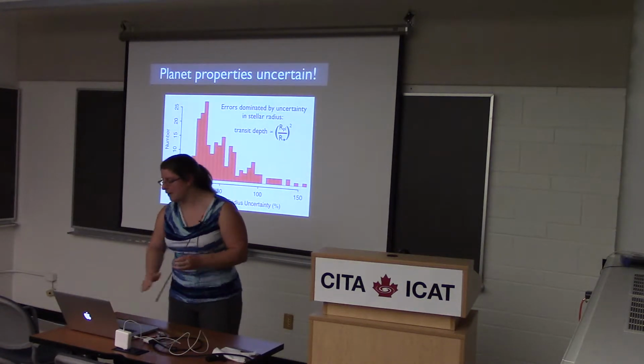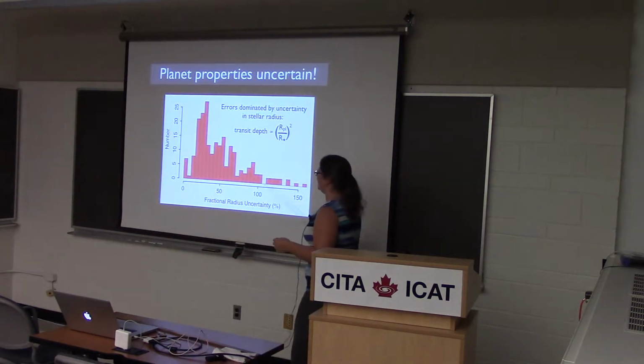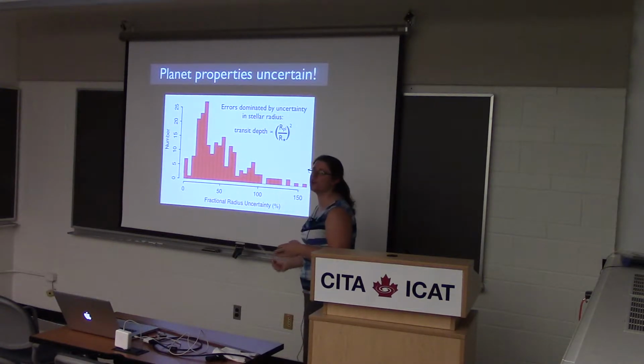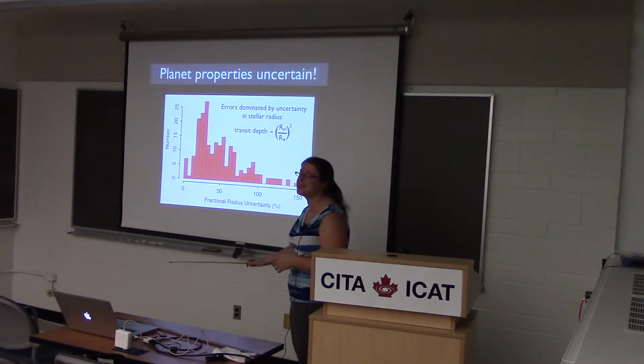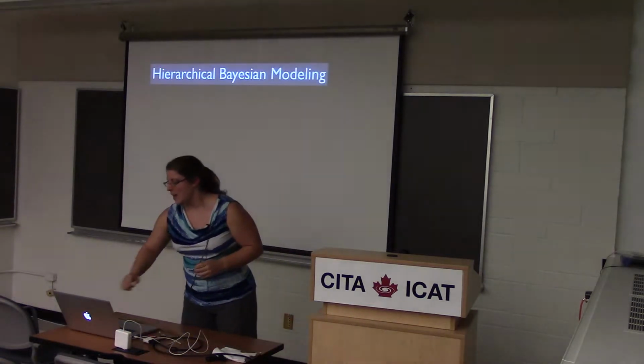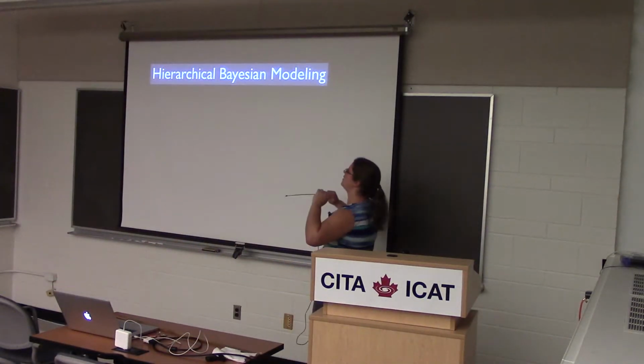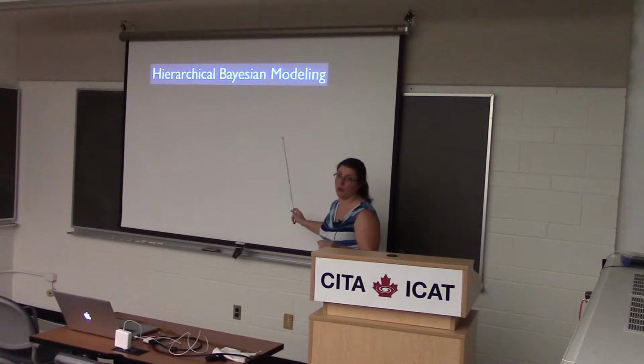So given this reality of the situation, we want to make sure that we accurately incorporate the uncertainties on these planetary radii into any analysis that we want to do, any insight we want to get into planet formation. This situation is very well suited to hierarchical Bayesian modeling.